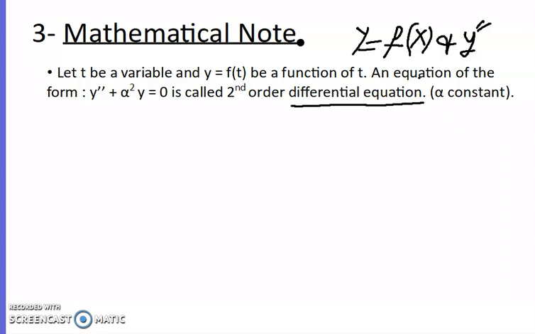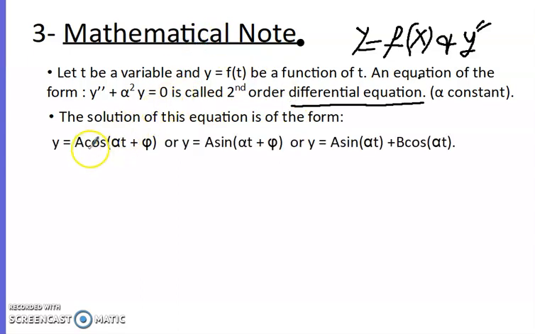So what happens if we have this differential equation? How do we find the solution? So mathematicians say that the solution of this differential equation is this. The solution of this differential equation is of the form y equal A cosine alpha t plus phi or y equal A sine alpha t plus phi. Or in mathematics, they like to write this form.